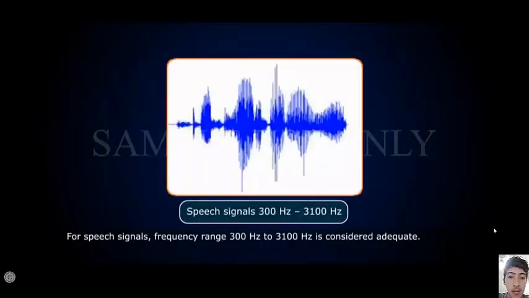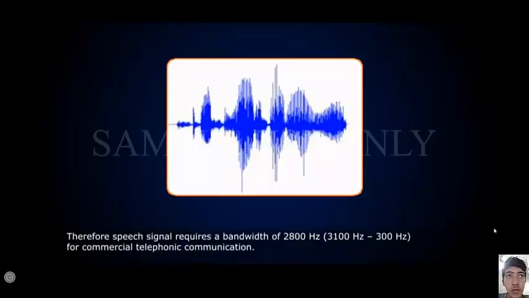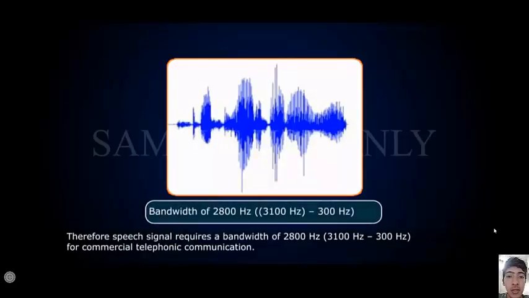For speech signals, a frequency range of 300 Hz to 3100 Hz is considered adequate. Therefore, a speech signal requires a bandwidth of 2800 Hz, 3100 Hz minus 300 Hz, for commercial telephonic communication.